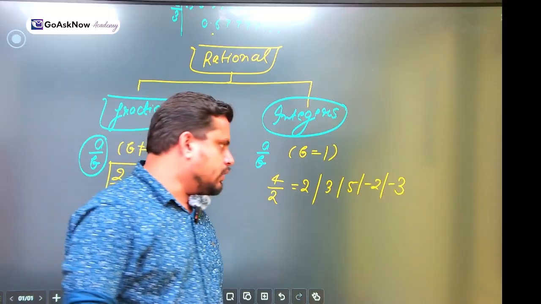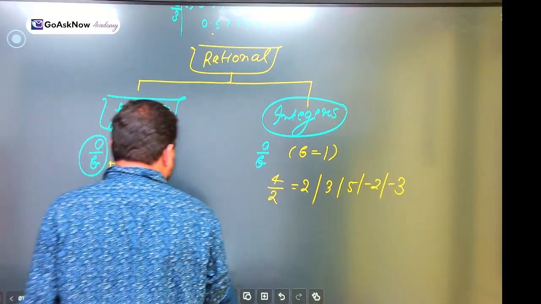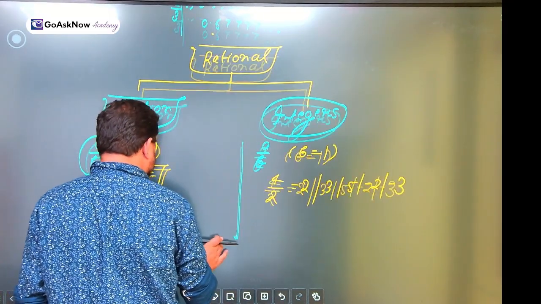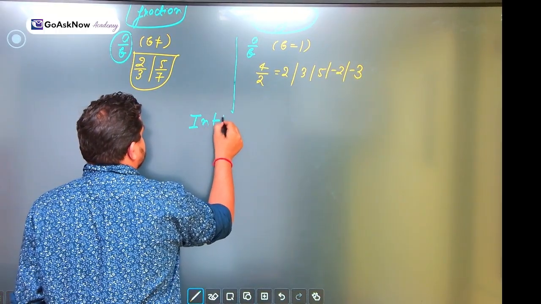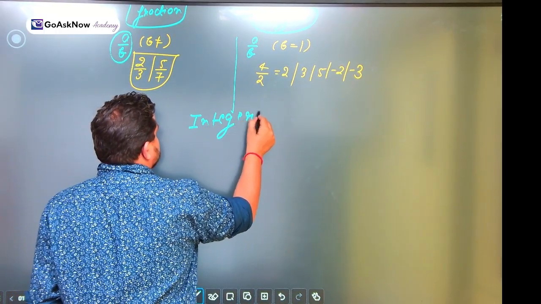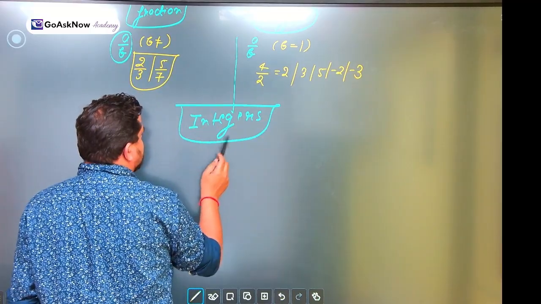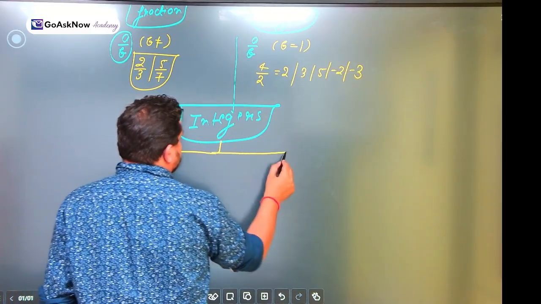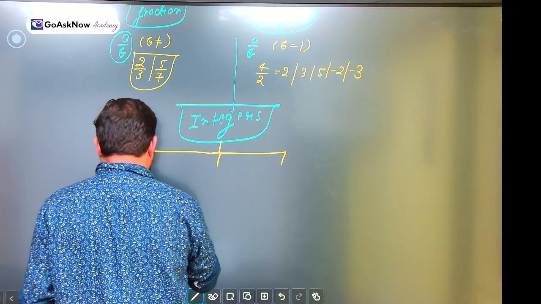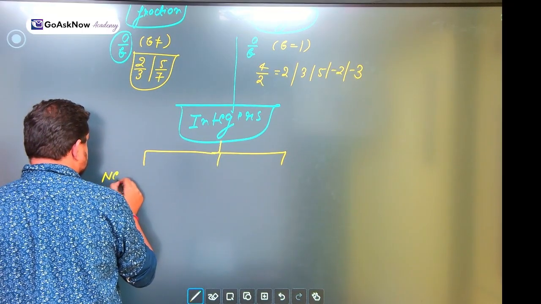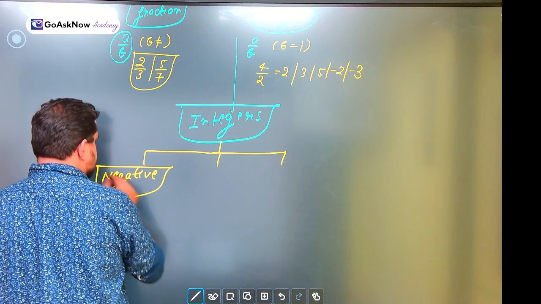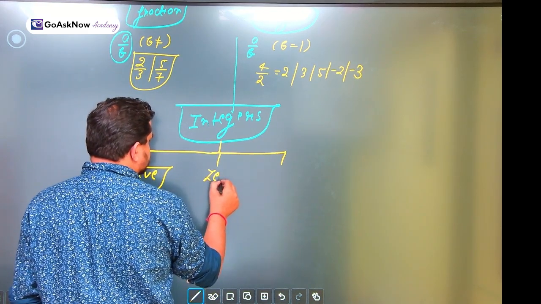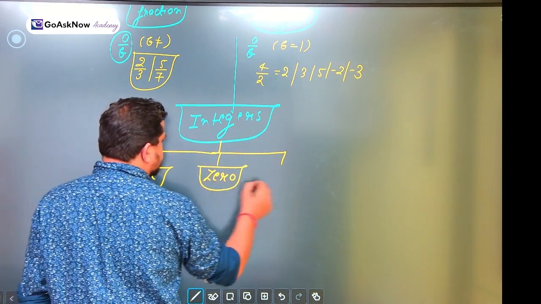Now from here we can divide our integers. Integers are of two types, or we can say three types: negative, 0, and positive.